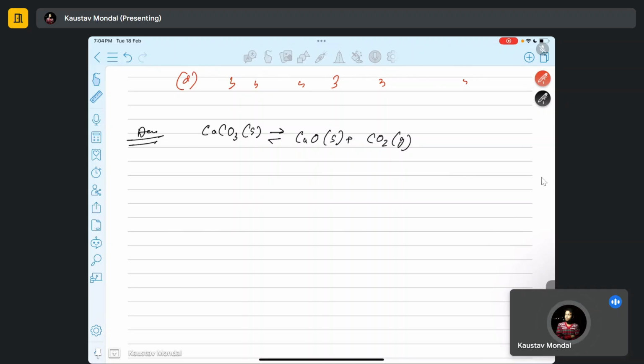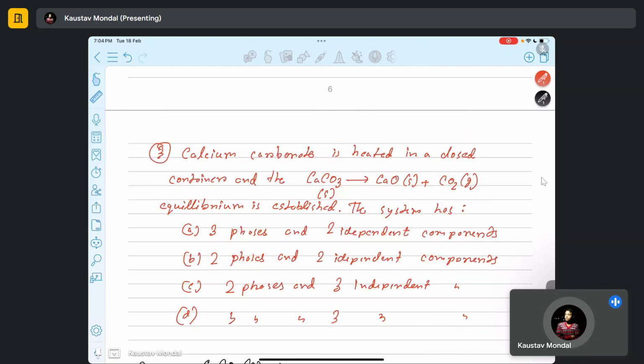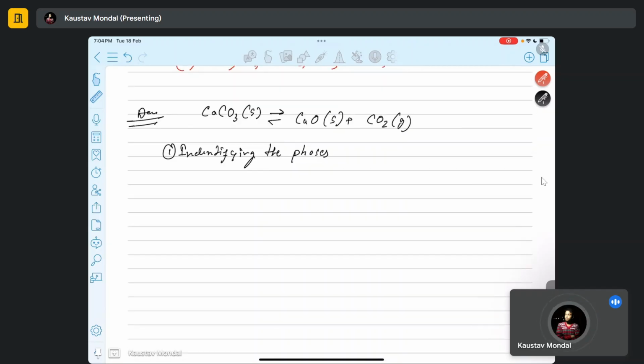So now first we have to identify the phases, right? Step 1: you have to calculate the number of phases and the number of independent components. First we identify the phases. Phase 1 is this CaCO3 solid phase.